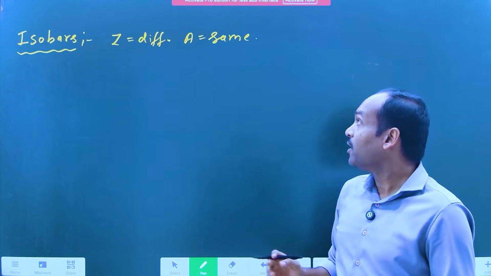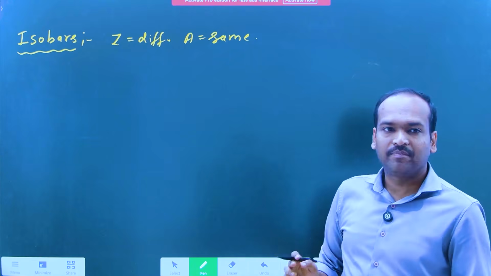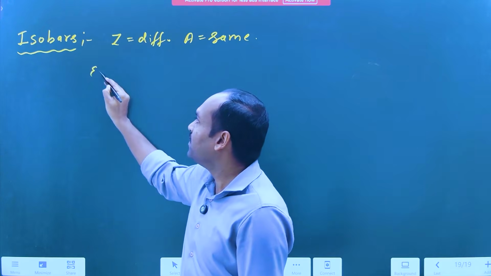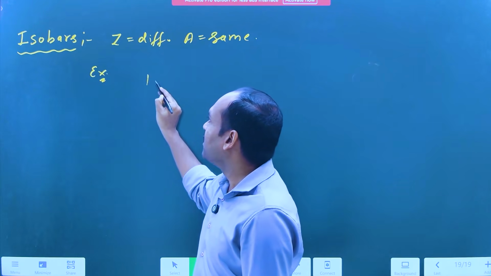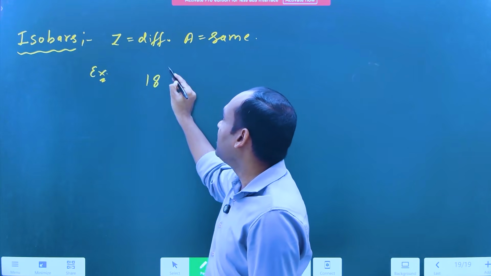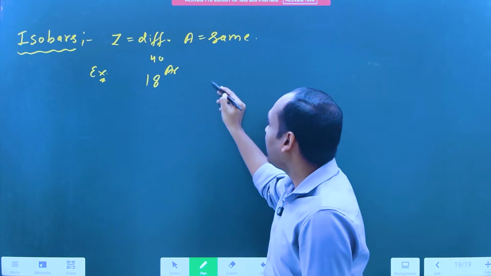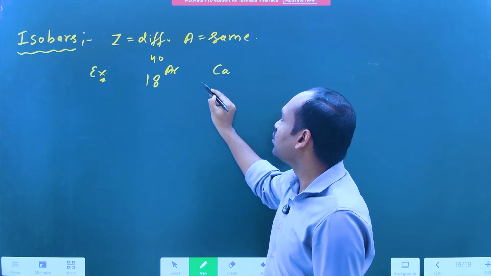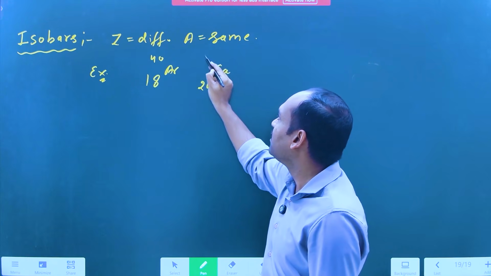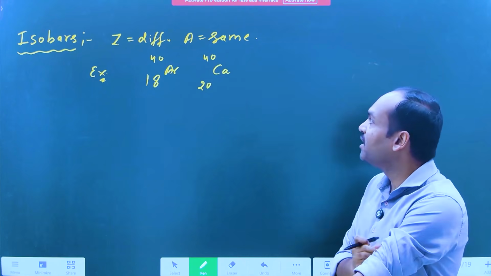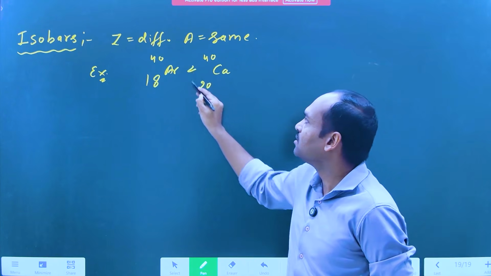The famous example is argon, atomic number 18, mass number 40, and calcium, atomic number 20, mass number 40. So argon and calcium are isobars.